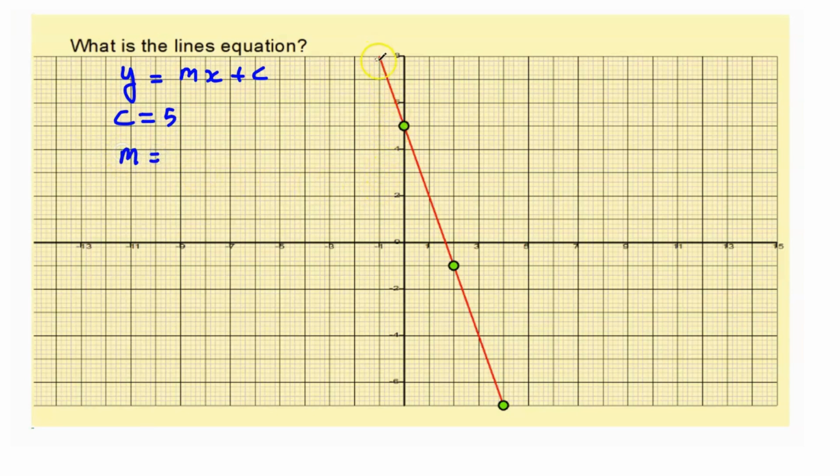Now if you notice, the line is sloping downward, therefore the gradient is going to be negative. So all we need to do on this graph is to make a right angle triangle, and then we can determine the change in y over the change in x. So if we make a right angle triangle, let's say we make a triangle from here and then downwards.